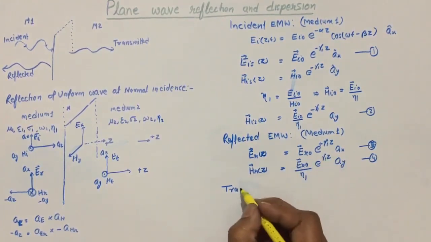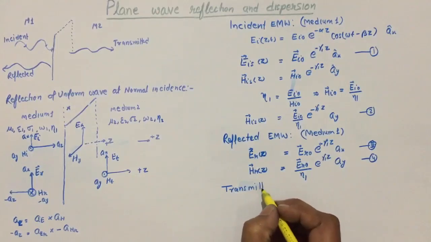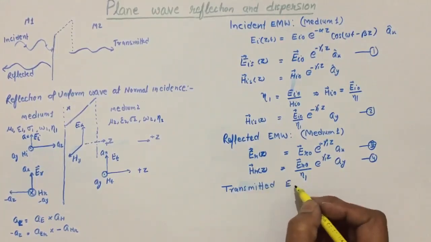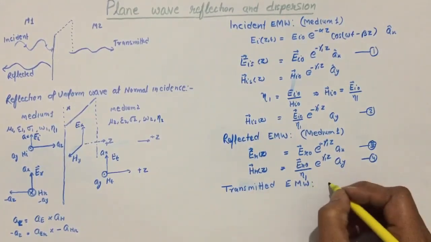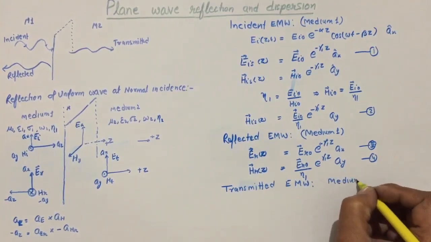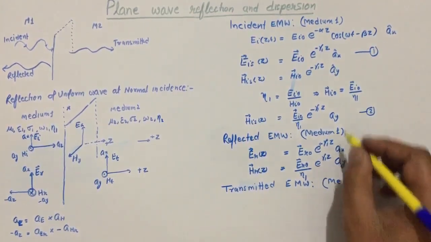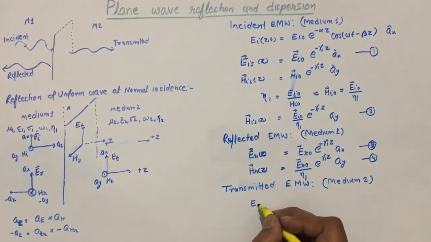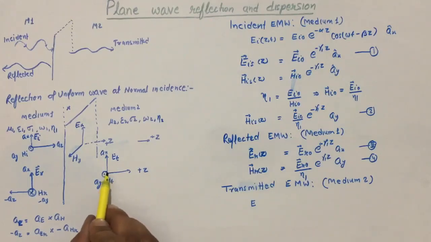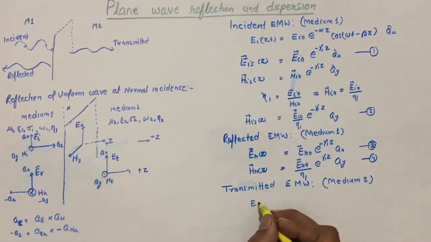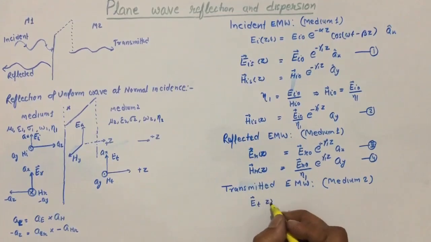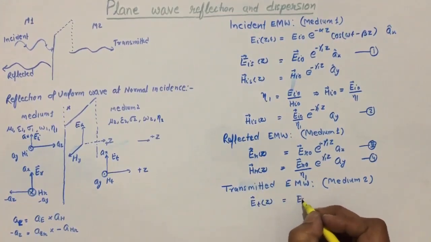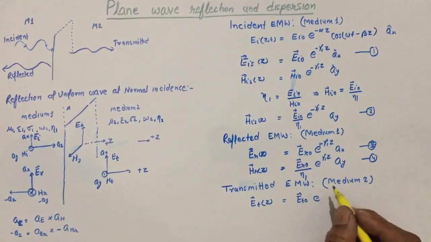Now, the third one is the transmitted wave. In this case the medium will change, so some changes will also be there in these equations. If the medium is changing, see where the change reflects. We can say the transmitted wave will be E_T naught e to the power.